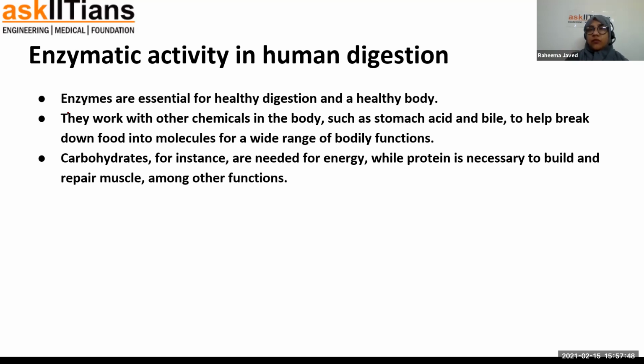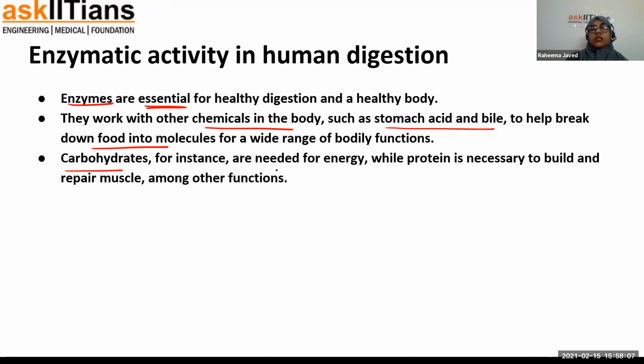So they are very helpful, especially in the digestion process. They are essential to the digestion process. They work with other chemicals in the body like stomach acid and bile to help break down food into molecules for a wide range of bodily functions.